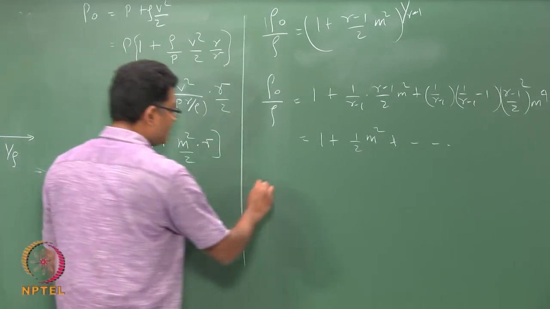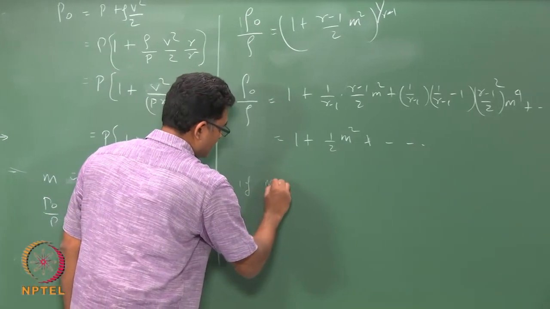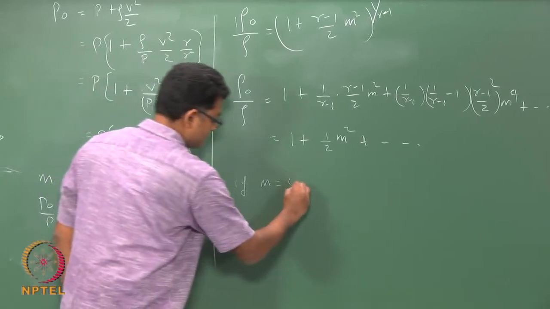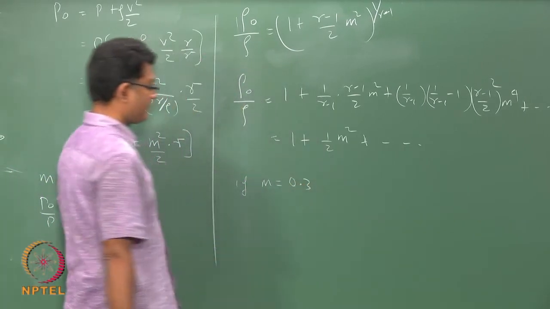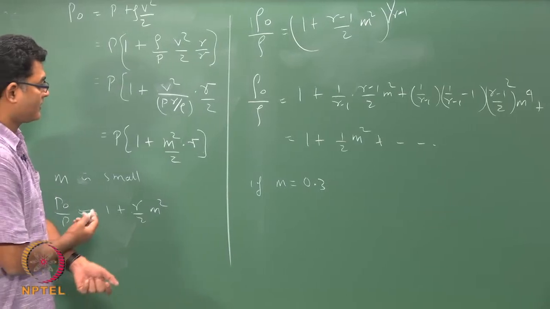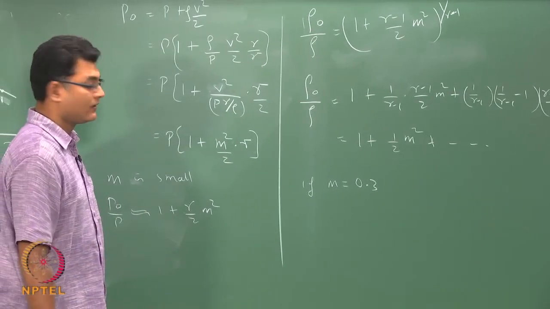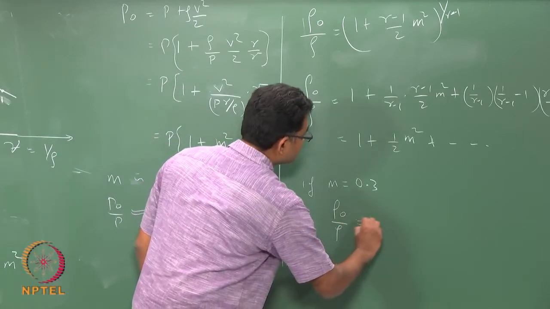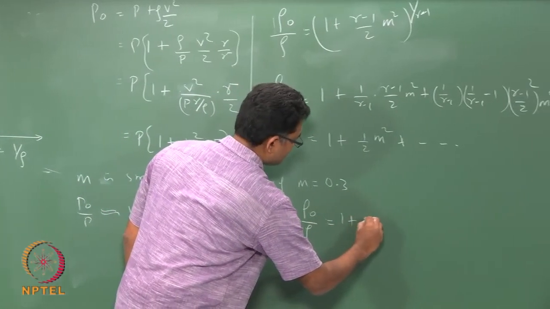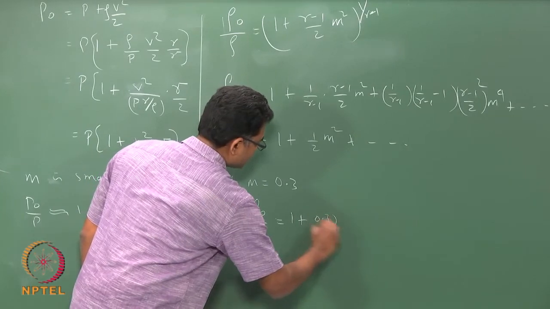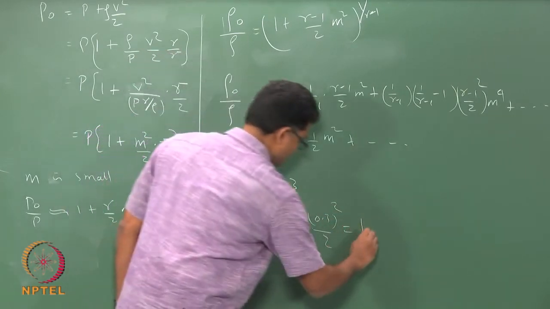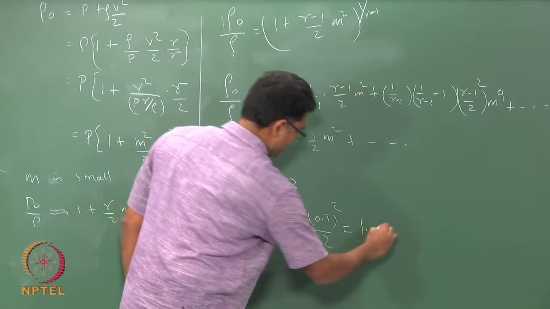Now, if my M is, let us say, 0.3, then rho by rho 0 is 1 plus 0.3 square by 2. This is around 1.045.